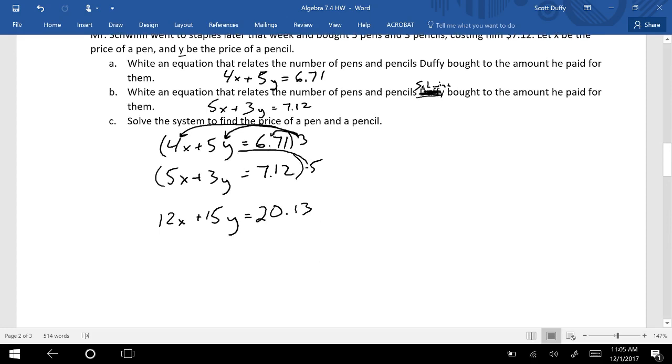Because when I take -5 times 5x, I get -25x. -5 times 3y, I will get -15y, and that will be what cancels out. And then negative 5 times 7.12 equals negative 35.6. Good. Now I can solve this.